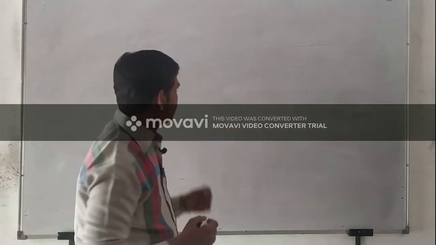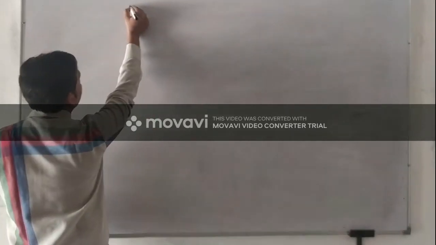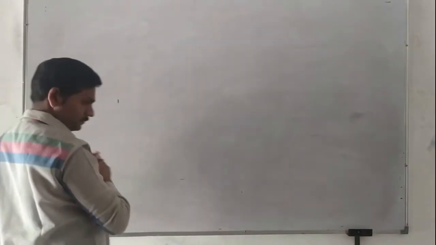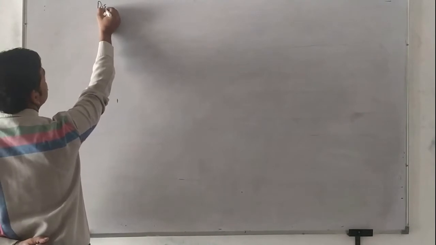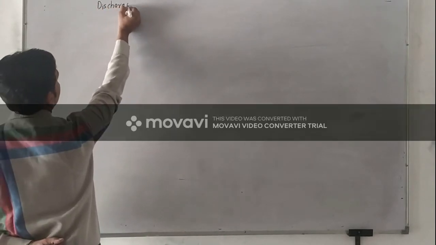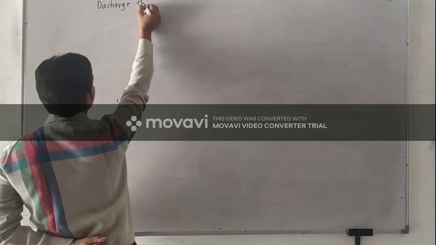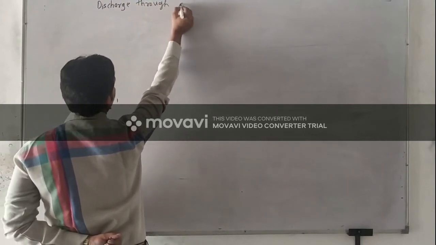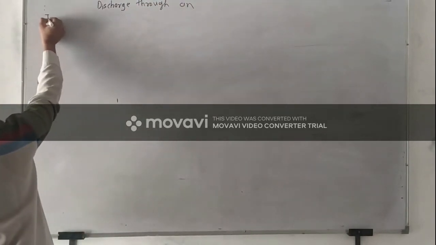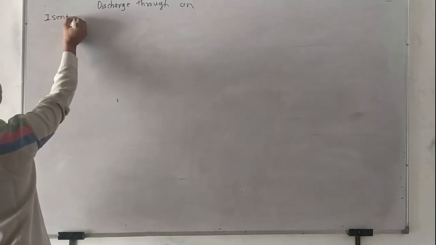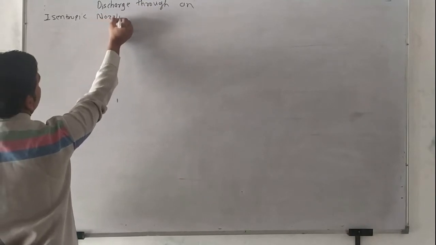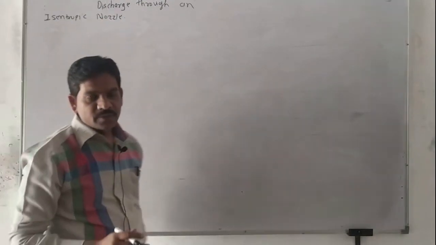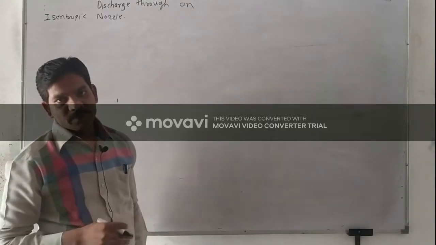Okay, so write down the title: discharge through an isentropic nozzle.